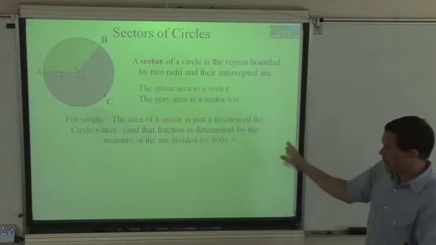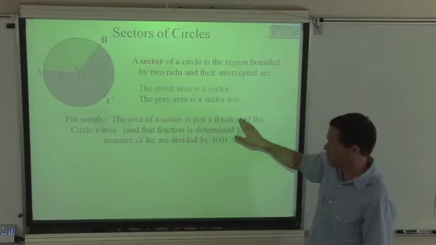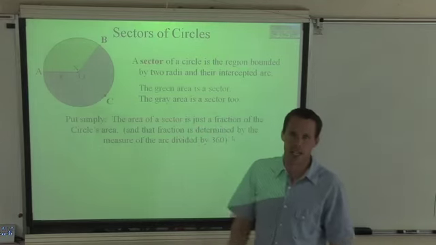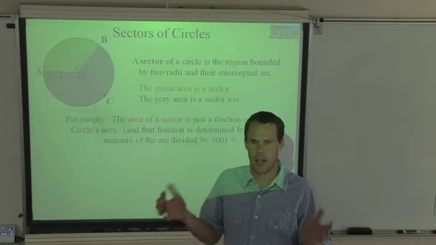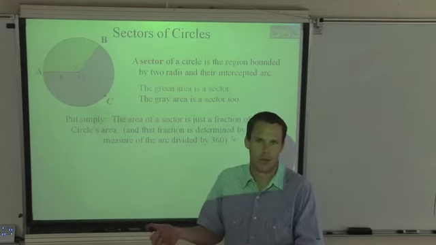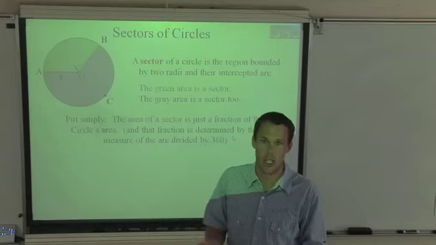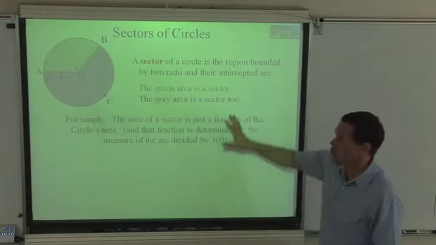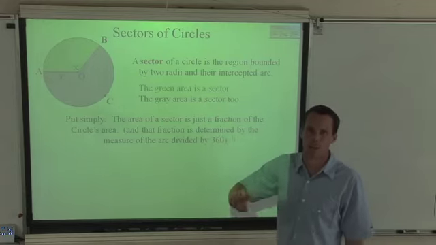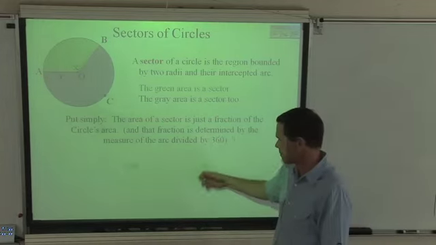So simply, the area of a sector is just the fraction of the circle's area. If we had half a circle, we would just take the area of the circle and divide by 2. If we had 1/4 of a circle, area divided by 4. So we're going to use this to do almost the exact same equation as arc length.